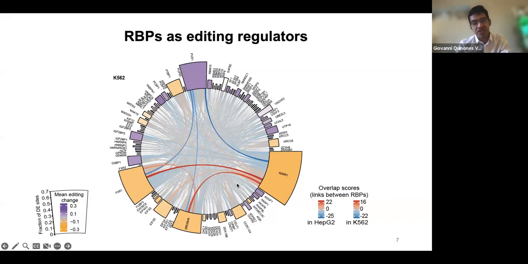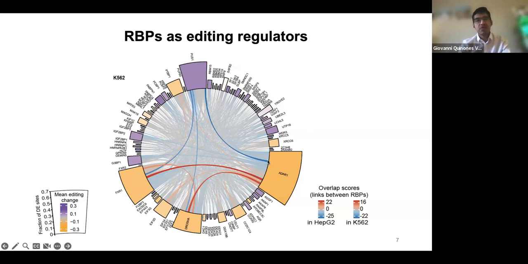And the links between them are a measure of overlap, pretty much how many shared differentially edited RNA sites in the same direction of editing between two RBPs. So the thicker the link, the more RNA editing sites are commonly regulated by this pair of RBPs in the same direction.